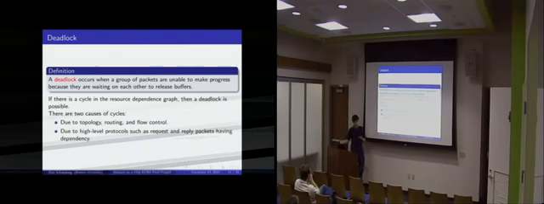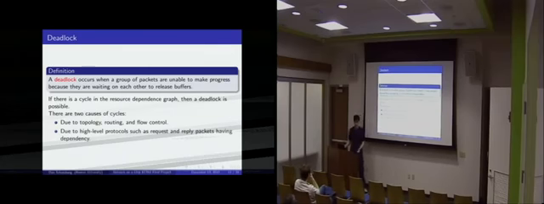I can be blocking trying to send the reply packet, and I've now created a dependency, right? To send my request, the server has to clear stuff out of the queues, and the server also is blocked trying to send a reply packet. They're both waiting for each other to release their resources, and you get a deadlock because of a high-level protocol.